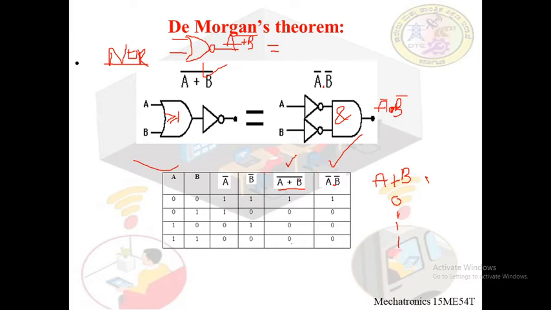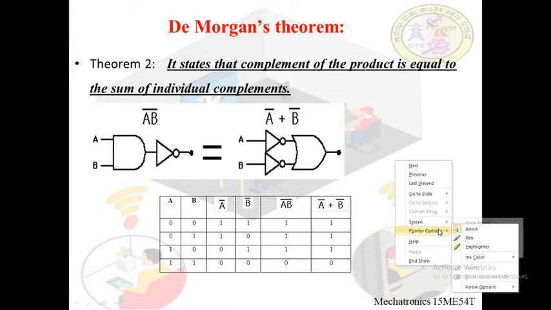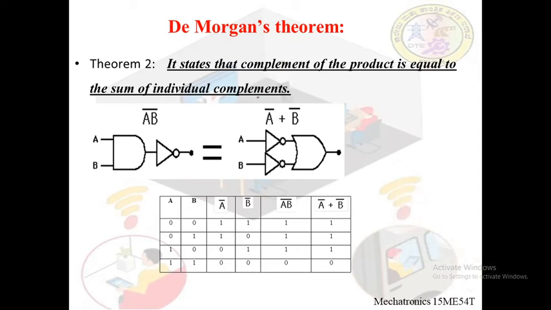Now let us look into De Morgan's second theorem. The second theorem states that the complement of the product is equal to the sum of individual complements, the exact opposite of the first law. Here it states that the complement of the product, that means A dot B whole bar.